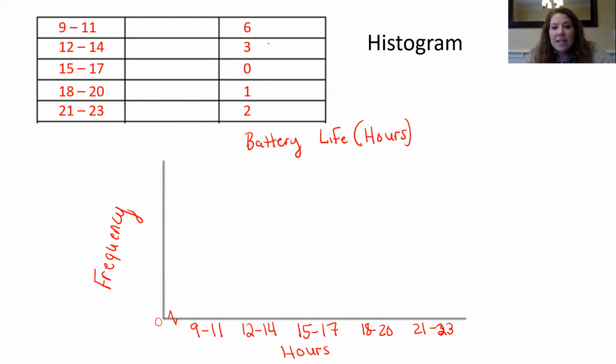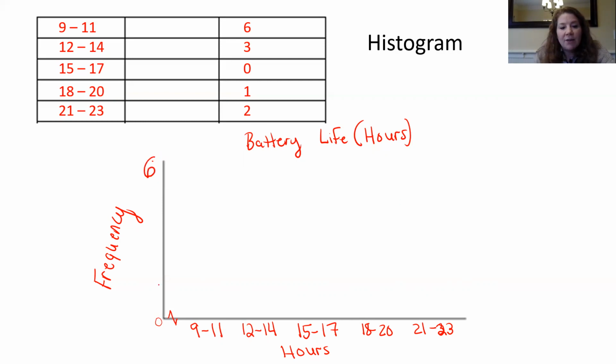Even though this histogram is going to be representing 9, 10, 11, 12 batteries, we don't want to number through 12, because since our highest number is 6, half of our histogram would be empty, right? So we want to fill up this whole space, and make sure our biggest number is way up here at the top, okay?